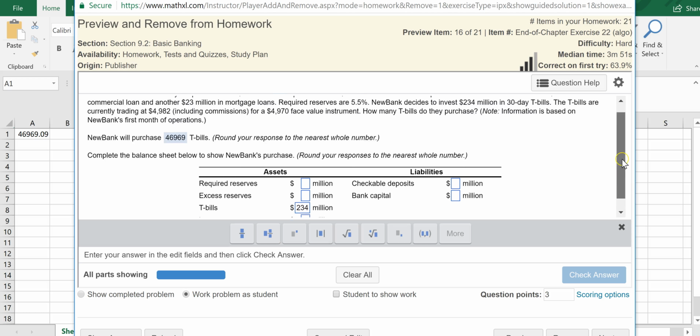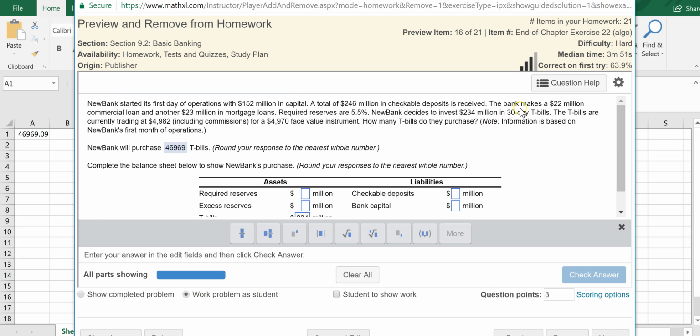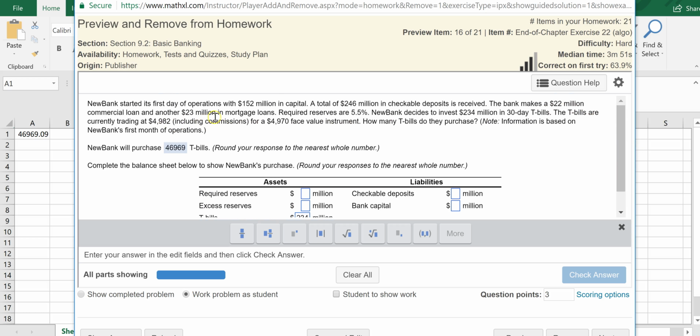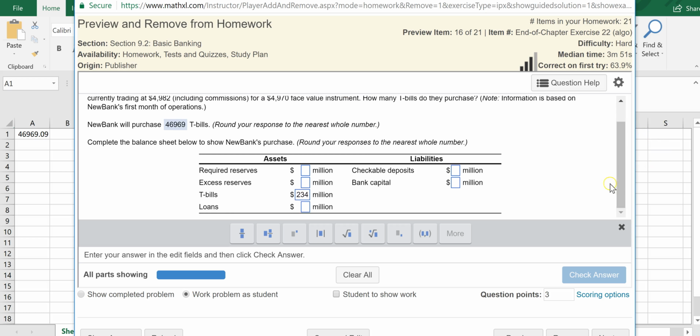And loans, the question gives us the bank makes a $22 million commercial loan and another $23 million in mortgage loans. So here the loans should be the sum of those two, commercial and mortgage loans. So 22 plus 23 gives us 45, right?